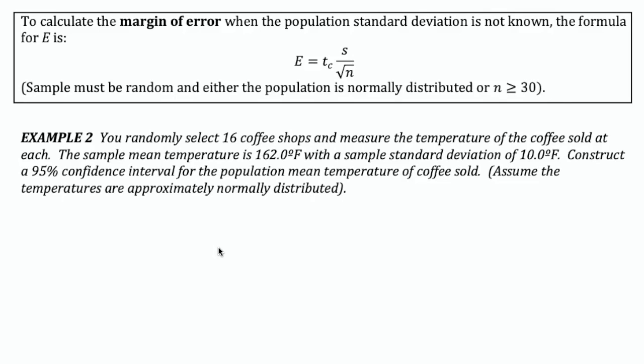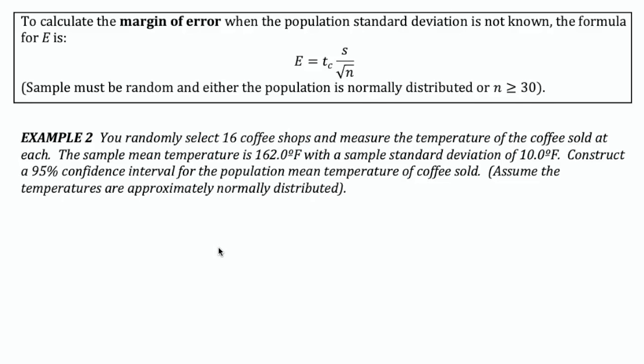We randomly select 16 coffee shops and measure the temperature of the coffee sold at each. The sample mean temperature is 162.0 degrees Fahrenheit with a sample standard deviation of 10.0 degrees Fahrenheit. Construct a 95% confidence interval for the population mean temperature of coffee sold.